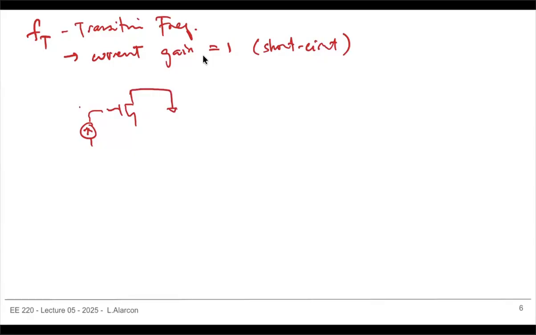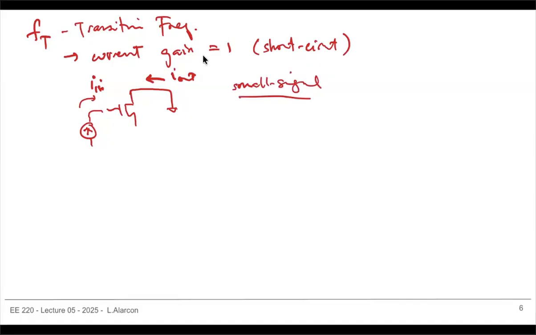I want to check, if this is I in and this is I out, at what frequency will those two be equal? Right, and that means I don't have any current gain anymore, and that's probably the maximum usable frequency of my transistor. Okay, so first of all, this is in small signal.